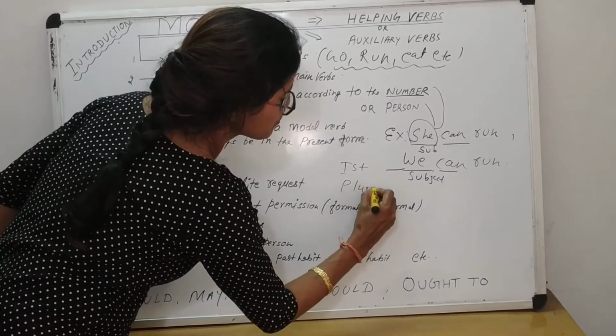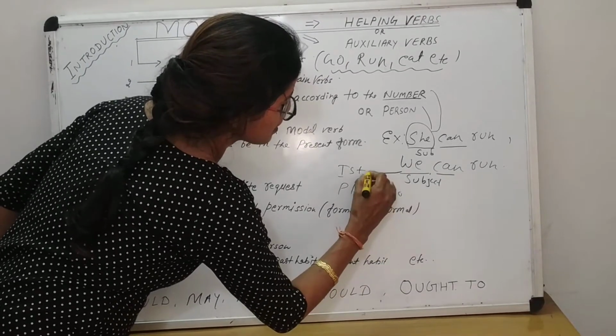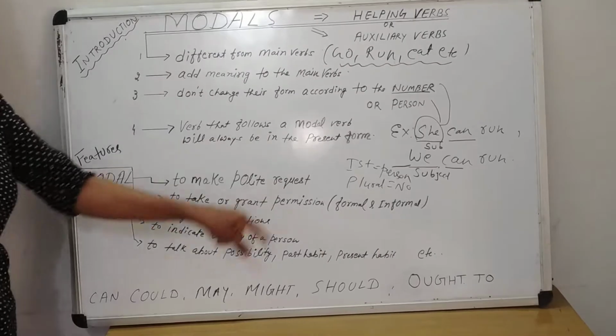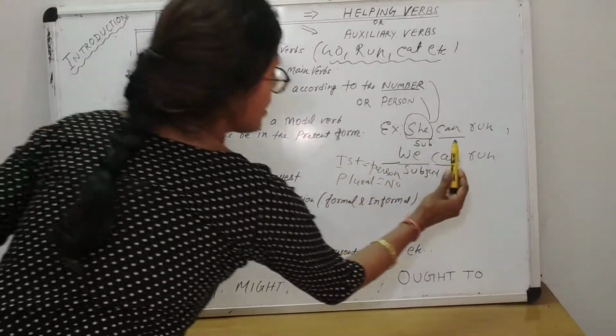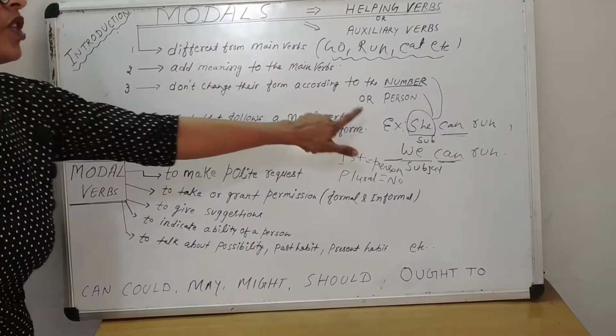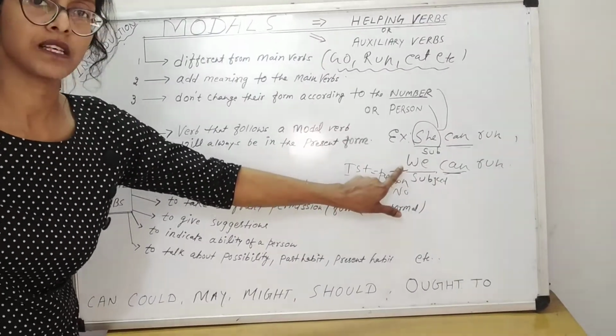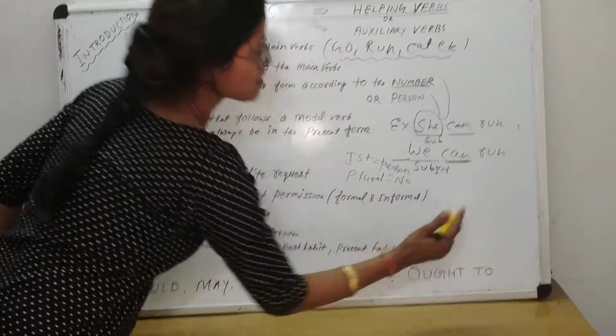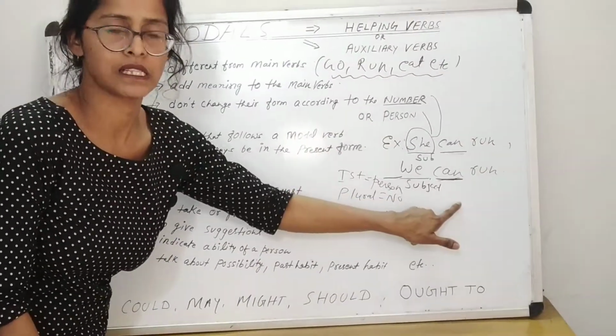So the number is plural, and the person is first person. Fine. Now look at the difference here. We have used a modal verb in both sentences, and the subject here is singular, but here the subject is plural. But the modal verb remains as it is in both the sentences, right?